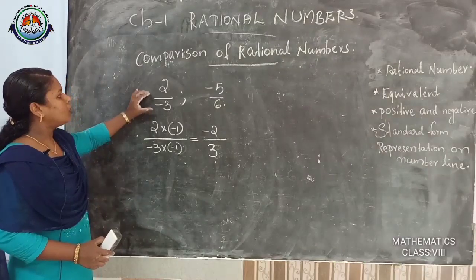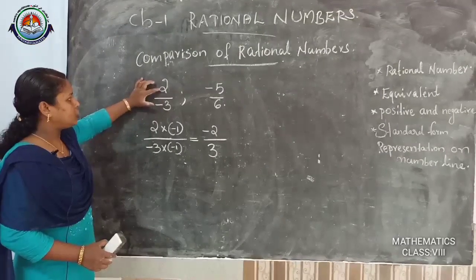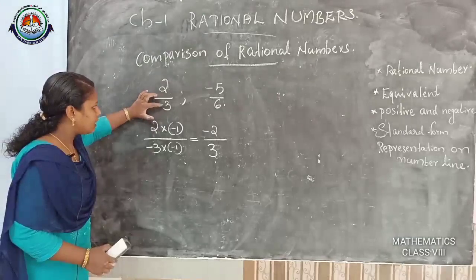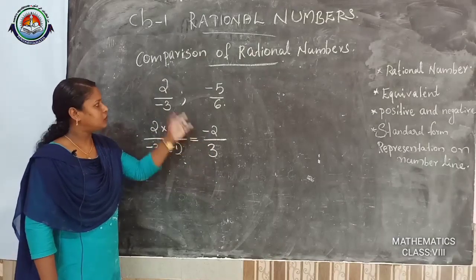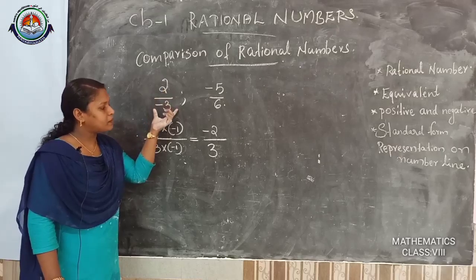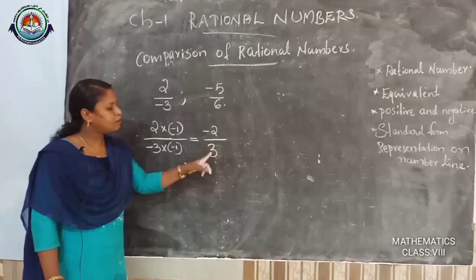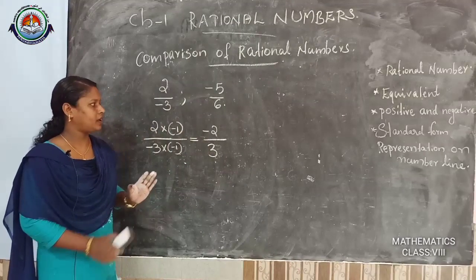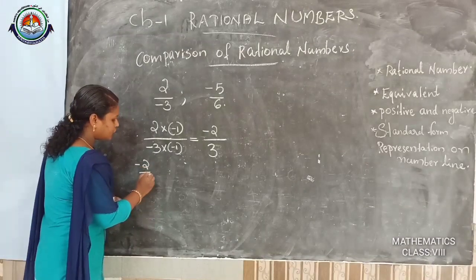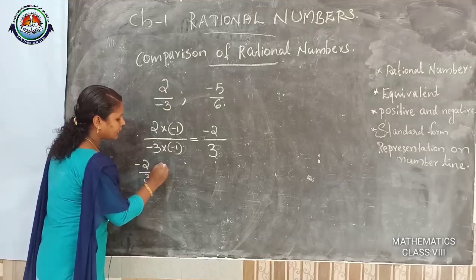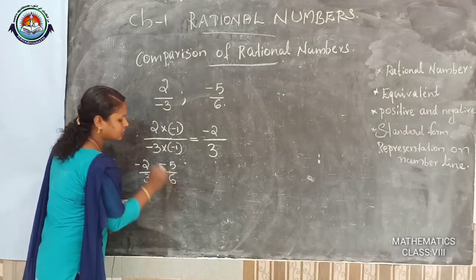Okay, now 2 by negative 3 is changed into negative 2 by 3. So now this is a rational number with a positive denominator. Then we need to compare negative 2 by 3 and negative 5 by 6.